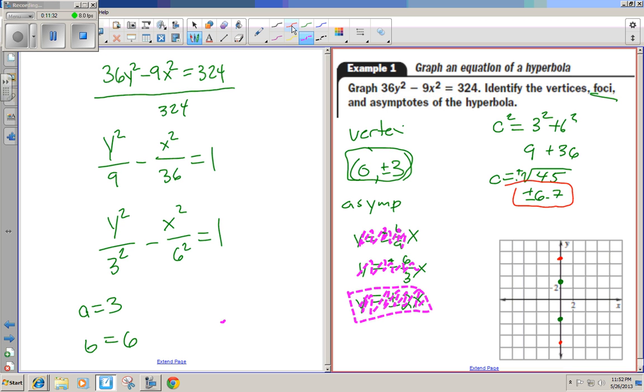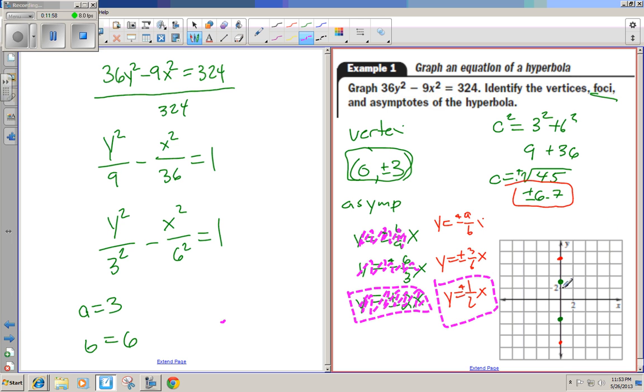The asymptote is at y equals a over b. So that's y is equal to 3 over 6 x, which is y equals 1/2 x. All right. So now when I'm graphing this, go ahead, just sketch your hyperbola.